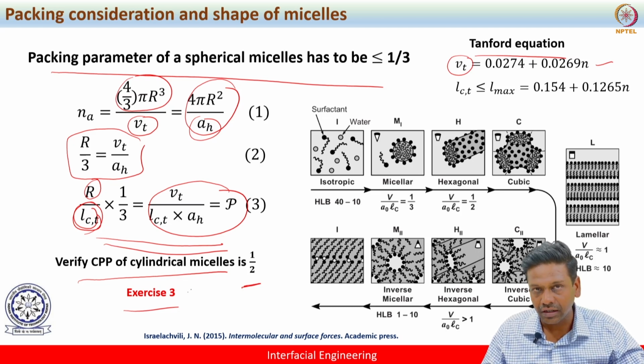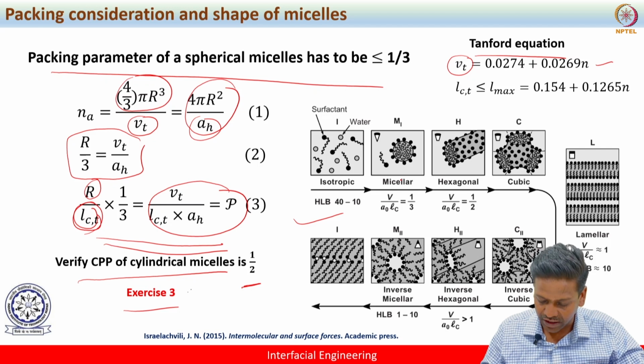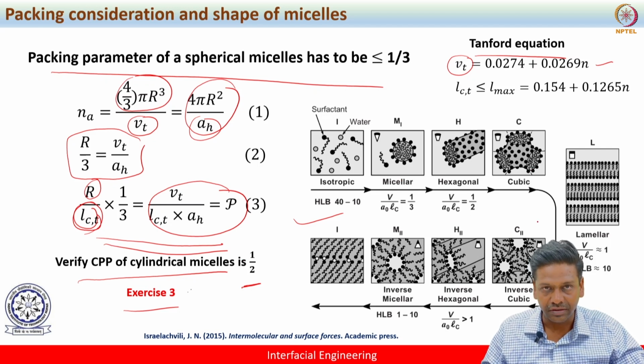If these data are not given, one can use this Tanford equation to calculate these parameters as well. What I have shown here are micelles with different shapes, each corresponding to a different packing factor. You can verify this yourself for these micelles.